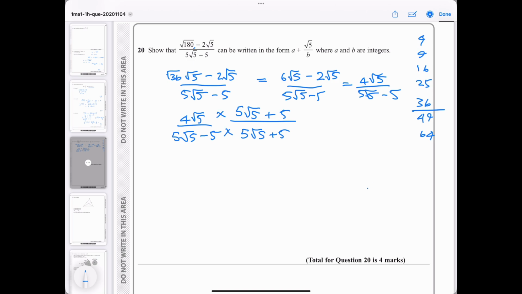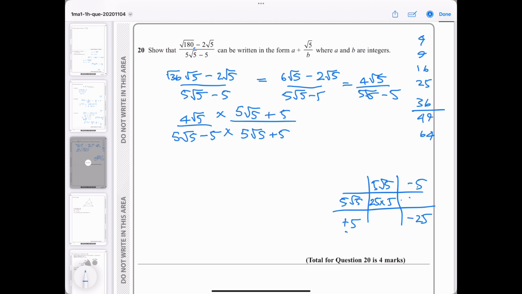Now, this means 5 root 5 minus 5 times 5 root 5 plus 5. It means we lose all of the middle terms. So 5 root 5 times 5 root 5 is 25 times 5. And plus 5 times minus 5 is minus 25.